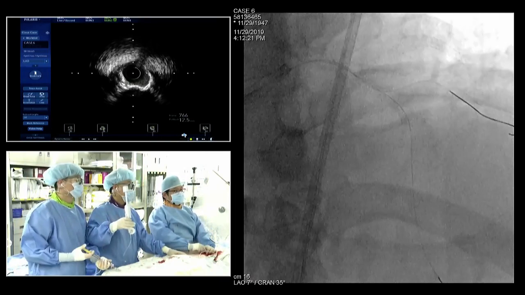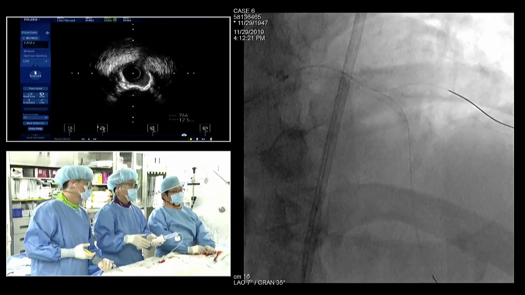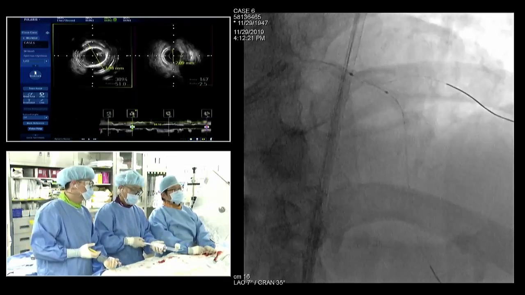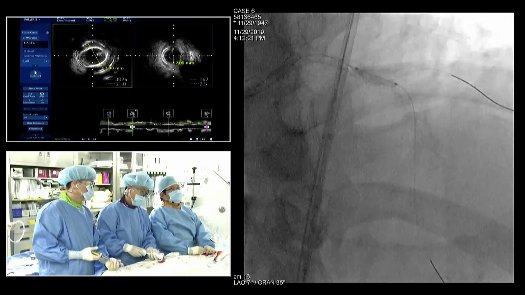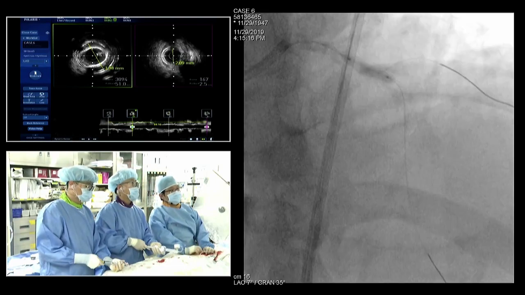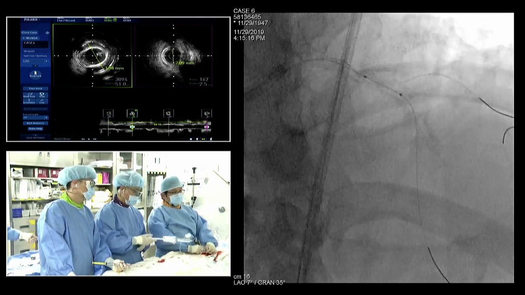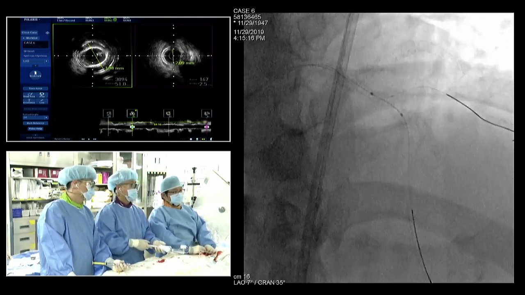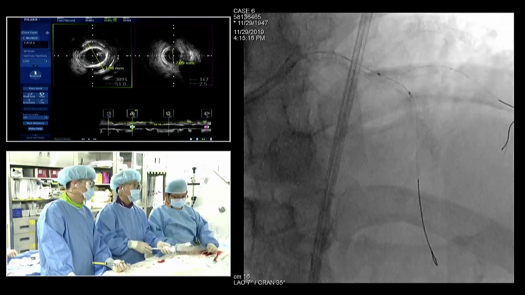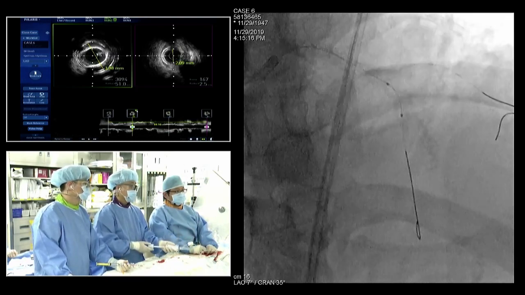Break down the LED calcium first. Okay, good. 14, 16, 18. Deflation. Looks like a very acute angle. Okay, got it.